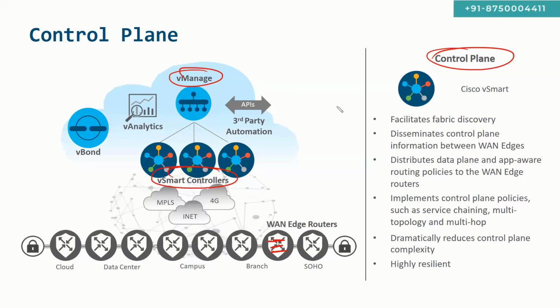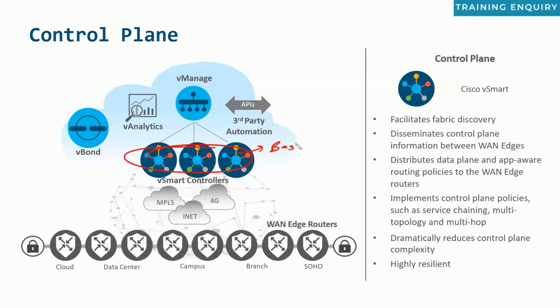So vSmart controllers are going to work as the control plane. Since they work as the control plane, they will be responsible for best path selection, and the best path information must be given back to the managed routers.